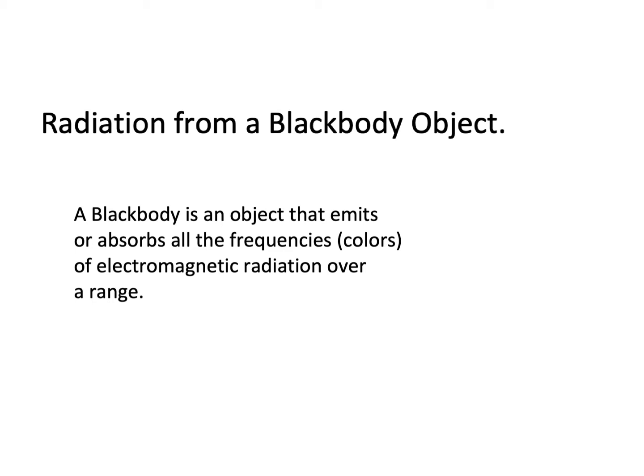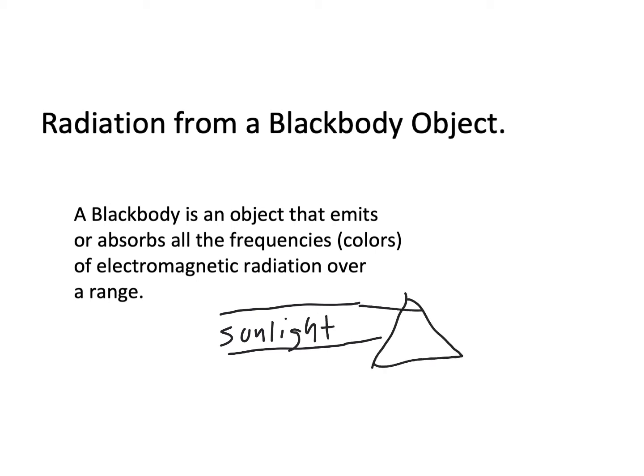And so if you think of the sun, you know the sun is really, really hot, so hot that it's actually emitting visible light. And if you take sunlight, so imagine you have some sunlight coming in, and you pass it into a prism, what you get is the light spreads out into all the colors of the rainbow.